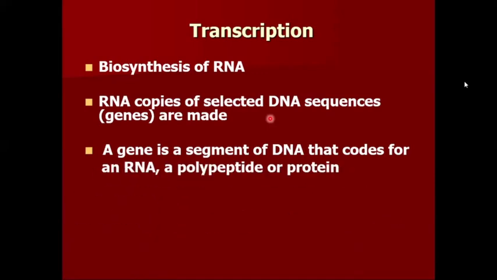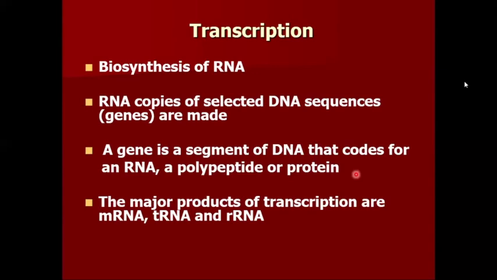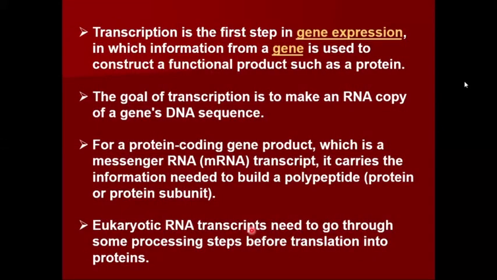This is how we define a gene. It is a segment of DNA that codes for an RNA, a polypeptide, or protein molecule. This is the molecular definition of a gene. The three major products of gene transcription are messenger RNA, transfer RNA, and ribosomal RNA.